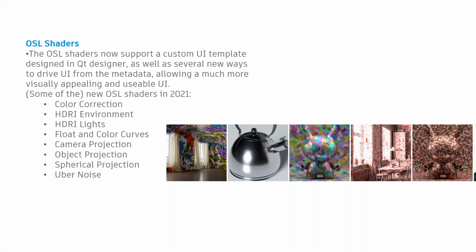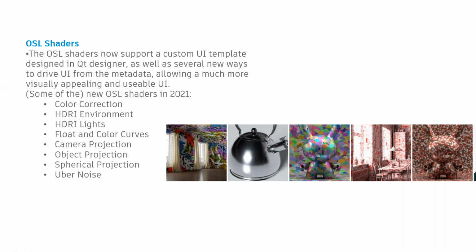Now there are some improved OSL shaders. Okay, I'm going to go fast on these OSL shaders, because we all know that OSL shaders were added in 3ds Max 2019, and since then it's been quite a well-known and widely used shader.